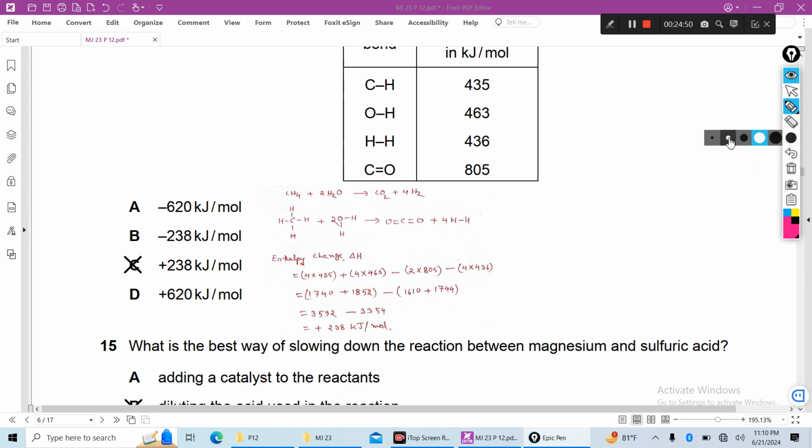If you calculate, you get the answer C. Methane, water.